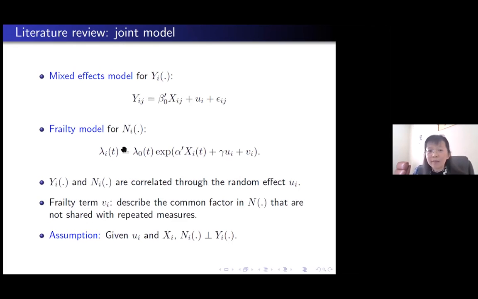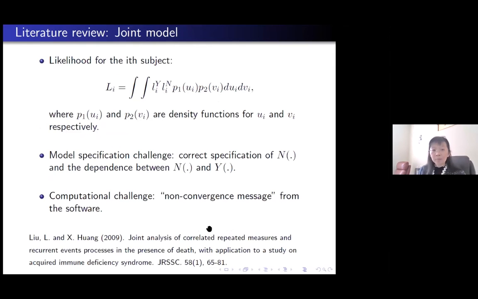And the other is a frailty model for the intensity function of the self-reported process. The key assumption is that the 2 processes are independent of each other, given the random effects and covariates. Under the conditional independence assumption, we can easily derive the likelihood function, which involves integrals with respect to random effects.